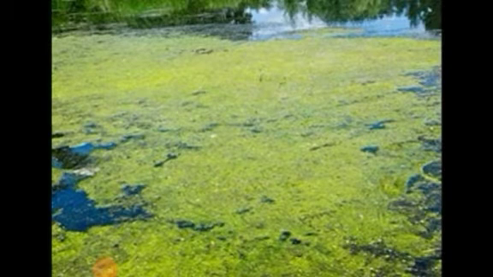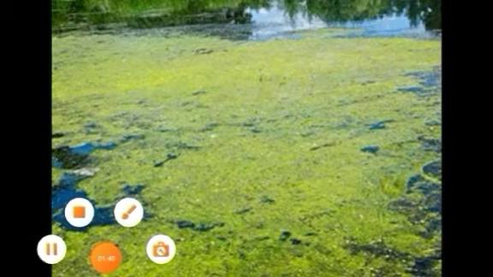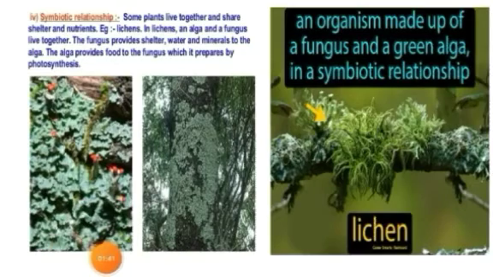You can see in the image, the green patches, grass type, on the surface of the water. This is algae. In lichen, the fungi and algae both live together in symbiosis and share shelter and nutrients.